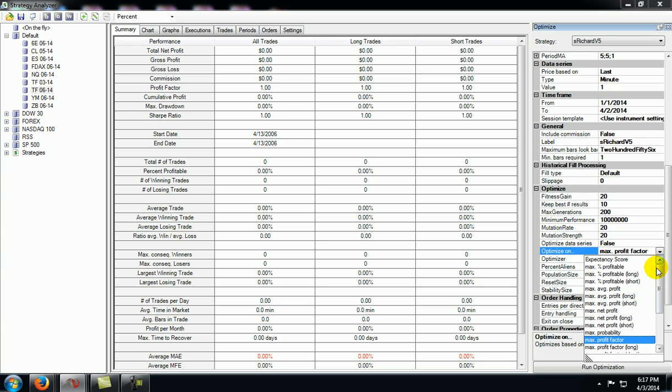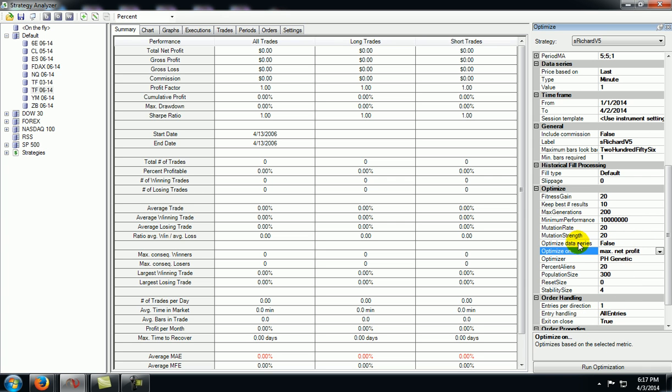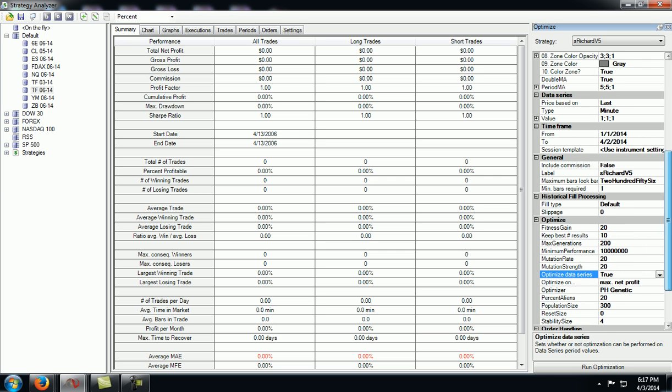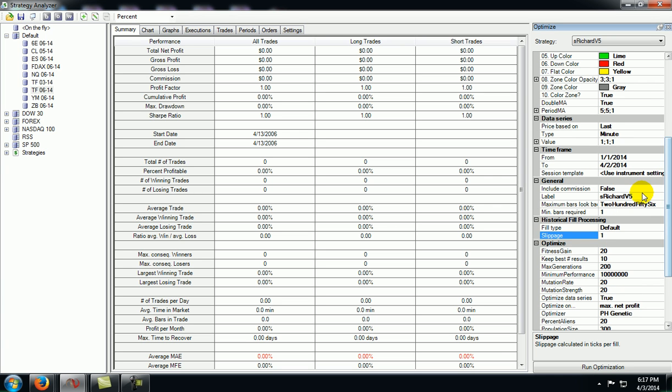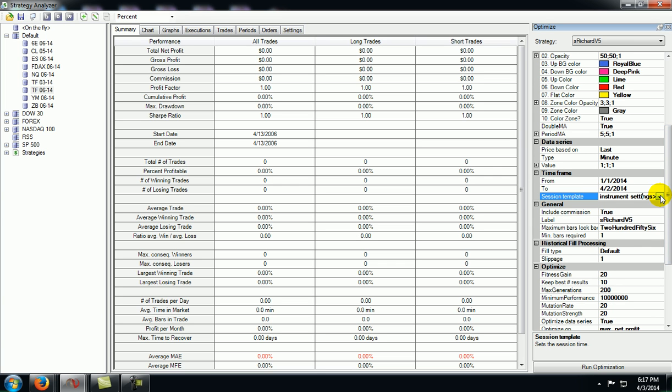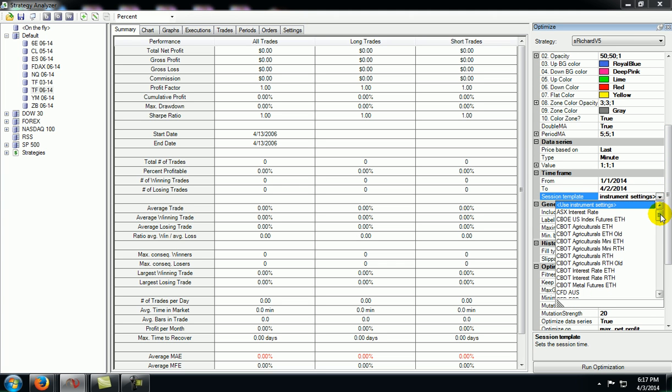I optimize to the max net profit, optimize the data series to true, slippage to 1. I include commissions. On instrument settings, I have a custom session template created here.